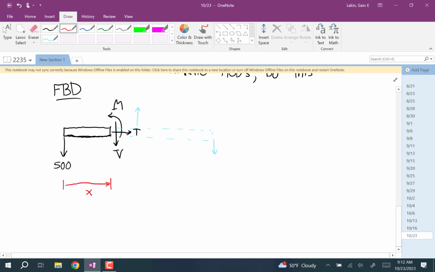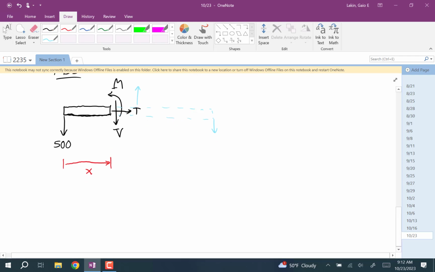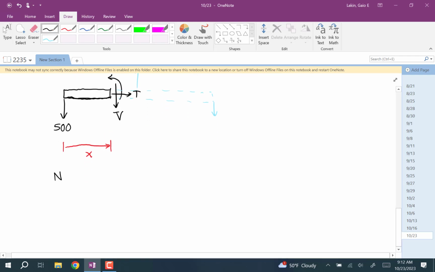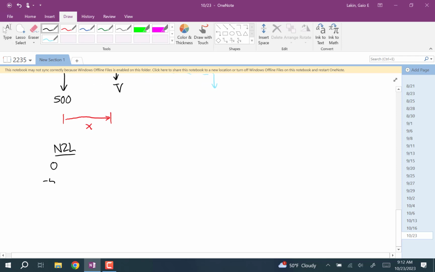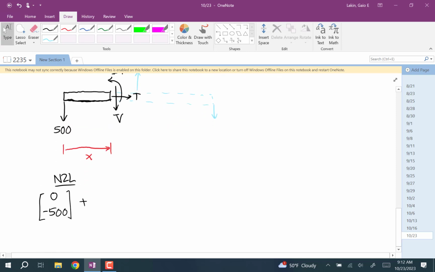Okay, and now to calculate the internal loads. First is Newton's second law. It says 0, negative 500, plus this T is in the positive x direction, so that's T, 0. V is in the negative y direction, so that's 0, negative V. That's all the loads.